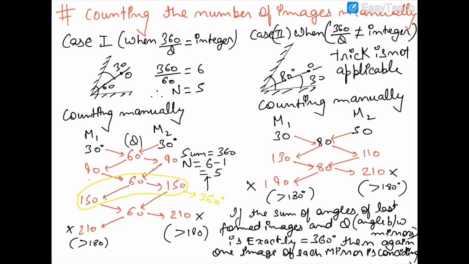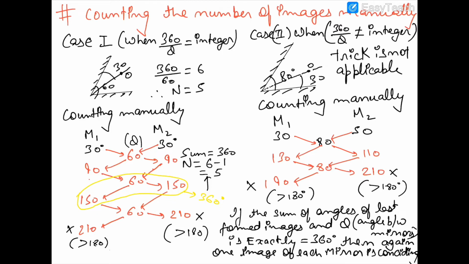I'm also saying that if the sum of the last images' angle and the angle between the mirrors is equal to exactly 360, then these last images are coinciding and hence they are being formed at a single point. So they would be counted as a single image only.